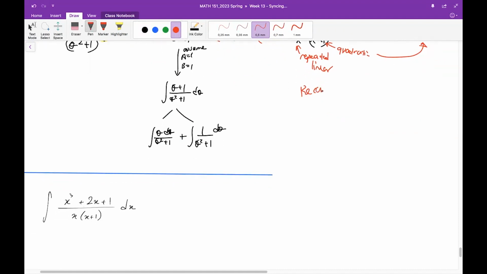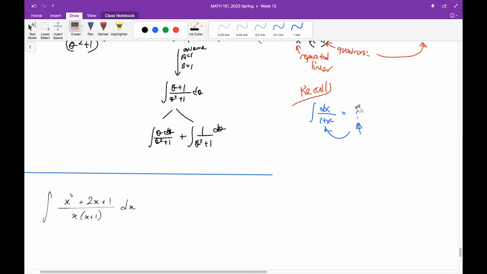Another recall for you. There is this famous rule: the integral of dx over 1 plus x squared. Tell me, give me a function whose derivative is 1 over 1 plus x squared. What is that function? It is an inverse trigonometric function.